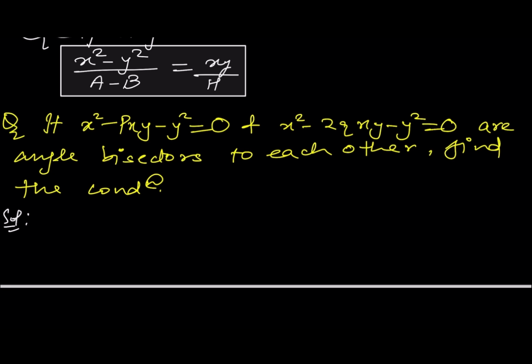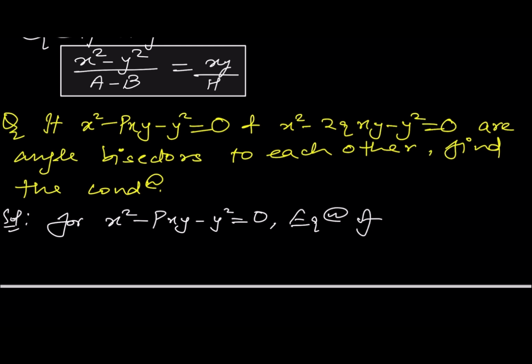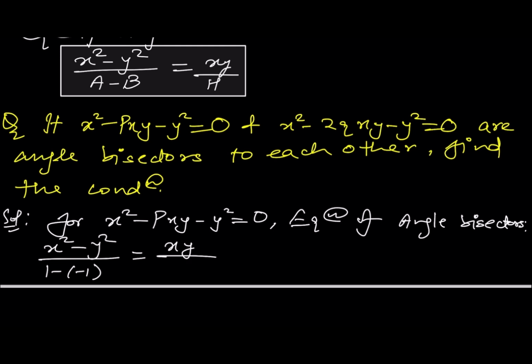So for any pair I can write the equation of angle bisector using above relation, or using above equation. So for x square minus pxy minus y square is equal to 0, equation of angle bisector is (x square minus y square) upon (a minus b), that is 1 minus of minus 1, is equal to xy upon h, and h is what?